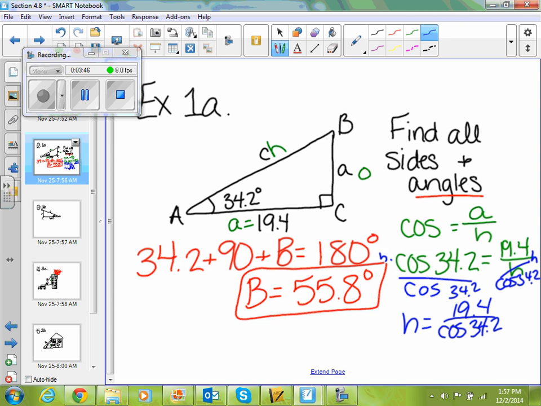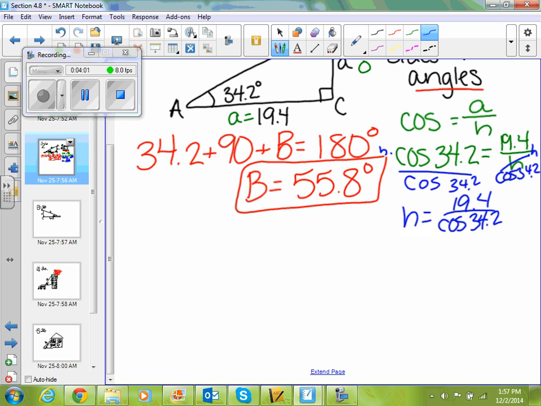You're going to want to make sure your calculators are in degree mode first. If you go to mode on your calculator, it's up by your second button. You need to make sure that you've got degree selected because we're talking about degrees. Then in your calculator, you're going to plug in 19.4 divided by cosine of 34.2.